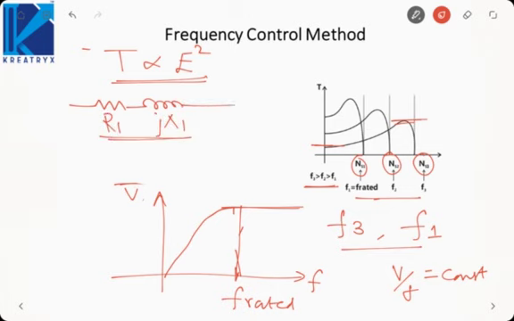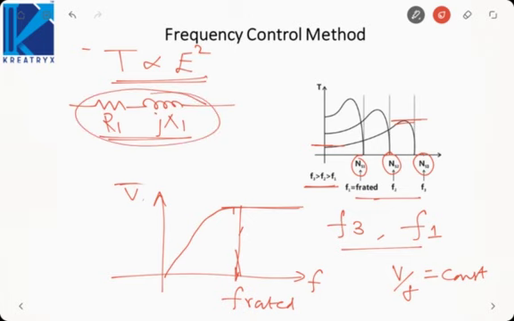That means I was neglecting the voltage drop between E1 and V1. That is why I was using V1 instead of E1. But when we derived the torque, we used the EMF instead of the terminal voltage. So if you reduce the frequency, terminal voltage also reduces. But if it goes below a certain value, then we cannot neglect this voltage drop across R1 and X1.